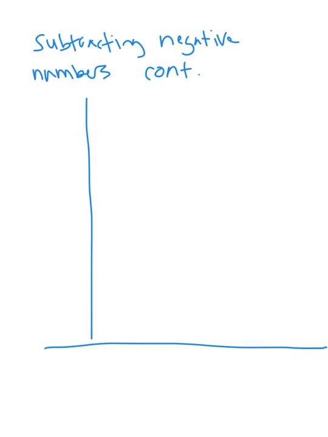Let's do my first example as writing an expression that's equivalent to 2 minus 35. So what's another way I could write 2 minus 35? I want you to pause here and take a minute to think about it before I tell you the answer.